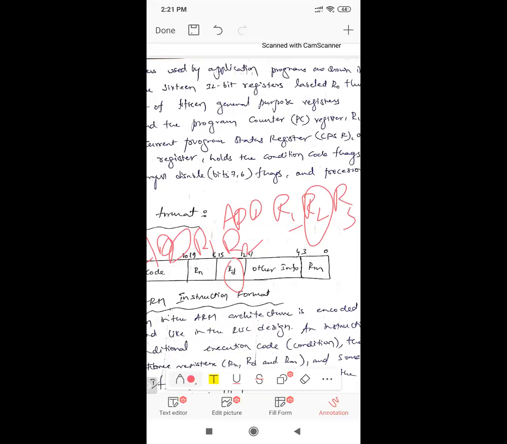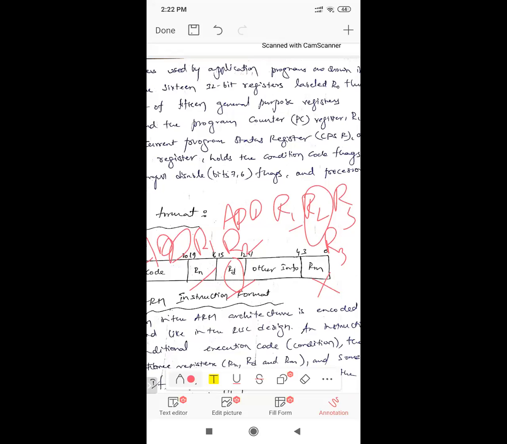Then the third field, Rm, is also used. If there are 3 registers in the instruction, we have to use the Rm field. If only two registers are there, we use Rn and Rd, and Rm is not used. If the third register is there, then the Rm field will be used. Otherwise, these four bits are combined in the other information field. Bits 4 to 11, 8 bits, are used for other information bits.